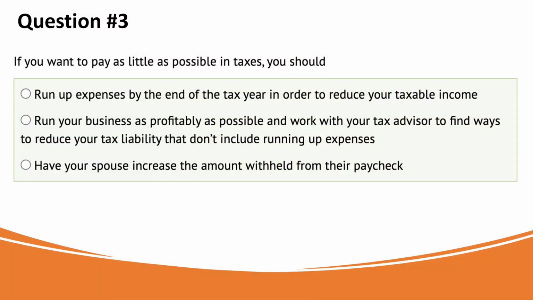And let's move on to question number 3. So if you want to pay as little as possible in taxes, then you should A, run up expenses by the end of the tax year in order to reduce your taxable income, or B, run your business as profitably as possible and work with your tax advisor to find ways to reduce your tax liability that don't include running up expenses.